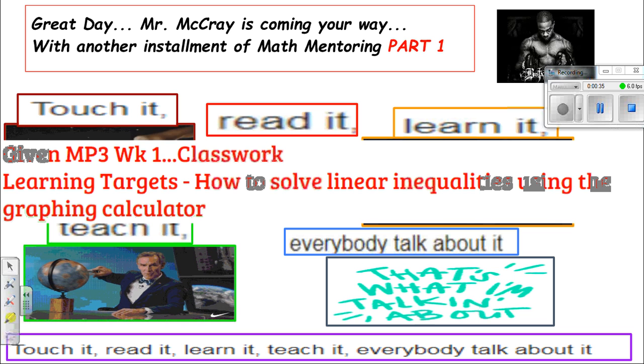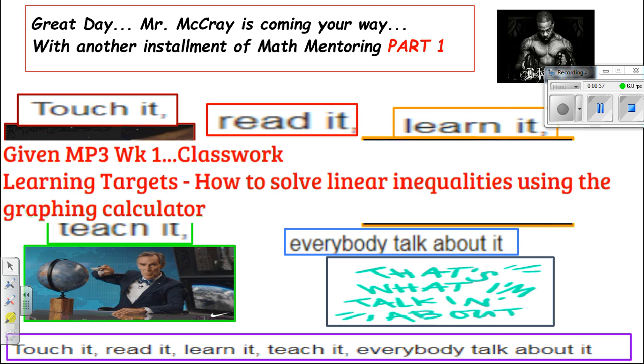So let's begin by looking at four types of tasks where we can utilize our graphing calculator in order to solve linear inequality problems. In task 1, we're going to look at solving two-step linear equations.